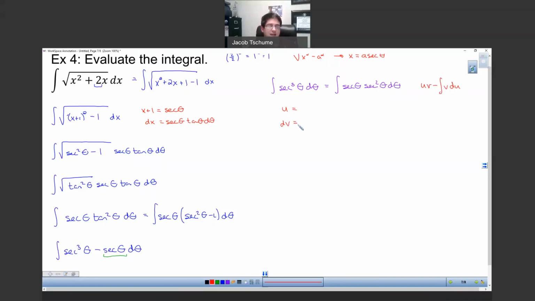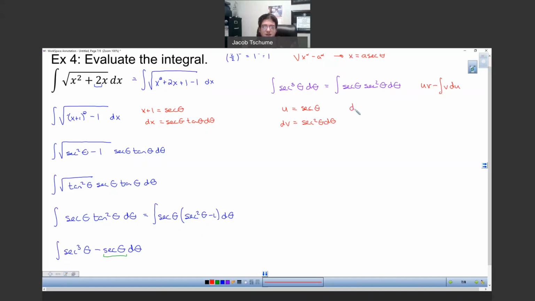So remember, you let dv be the term that's easier to integrate. So based on what we talked about, that's going to be secant squared, and by default, we're going to let u be secant. You don't need to use LIPET here because they're both trig functions. That's not really helpful. You have to be able to identify which is easier going which direction.